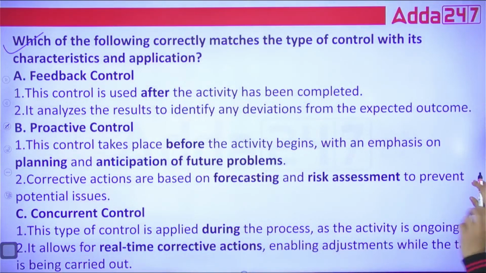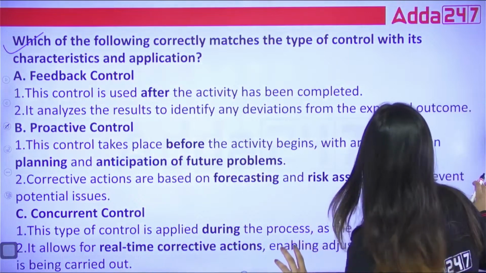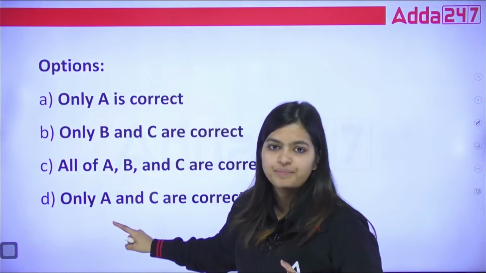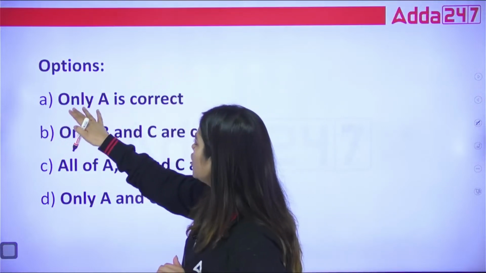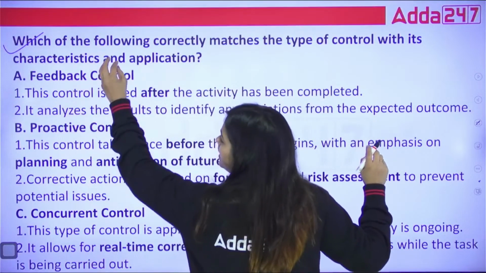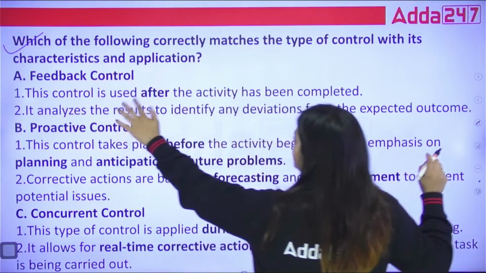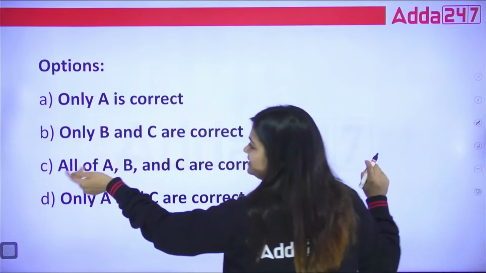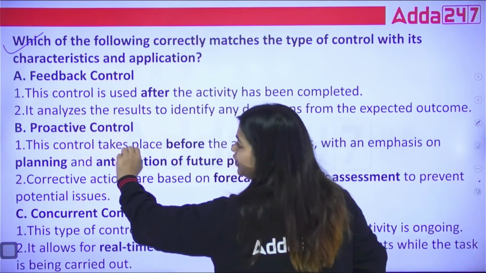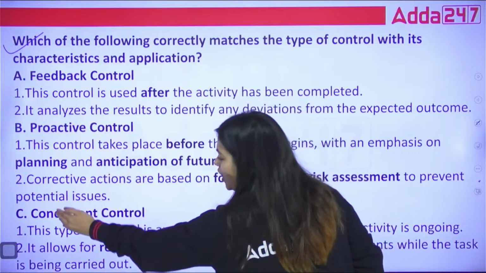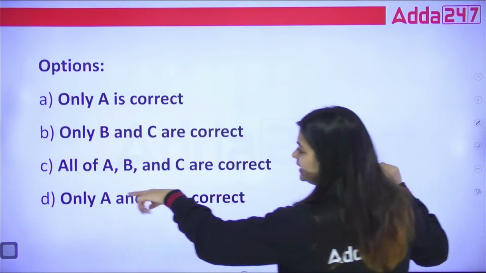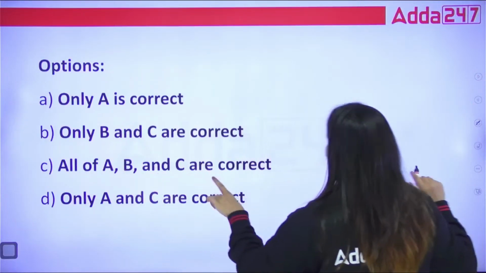So here are a few options, okay? We need to choose from these. Option A says only A is correct, which means only the feedback control point is correct along with the sub-points. Option B says only B and C are correct, which means proactive control and concurrent control definitions are correct. Option C says all of A, B and C are correct.